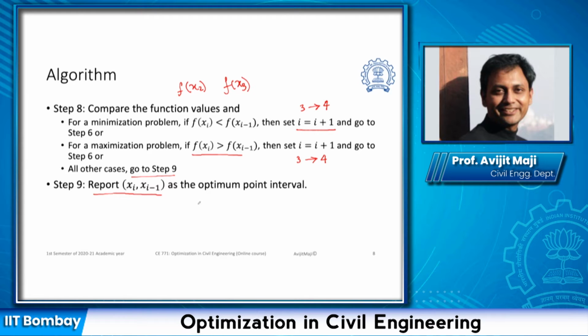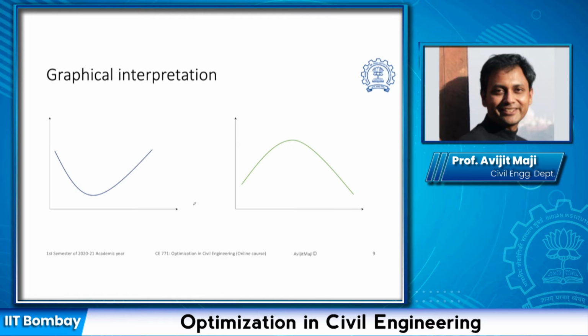So let us now understand this method in a graphical way. If we have a minimization problem, a function, particularly unimodal function, is going to look like this. In this function, if we have started some point here and we want to test the direction, we find that if we go in this direction, our function value is reducing, means our direction is right.